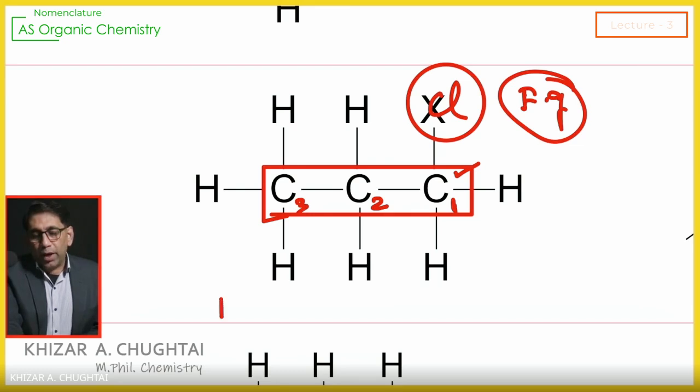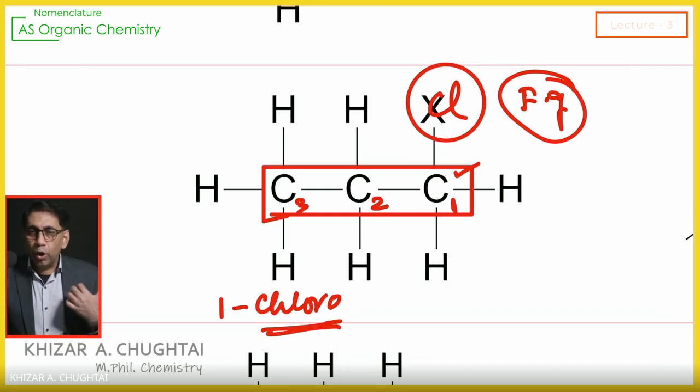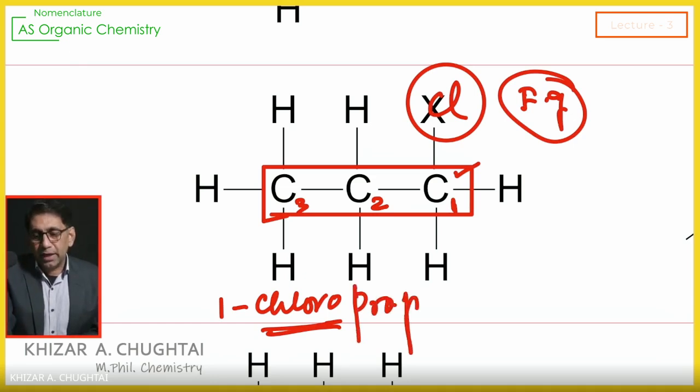So I'm going to write 1-chloro. Whenever you write the name of any halogen, you will write chloro, bromo, iodo, fluoro, and so on. So 1-chloro is the portion for this functional group. Then you will write the name of the longest chain, that is prop. 3 carbons are there.